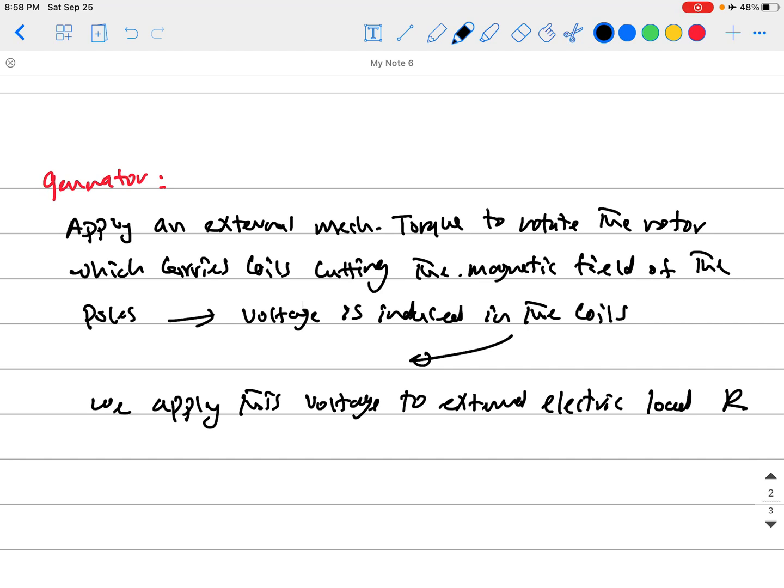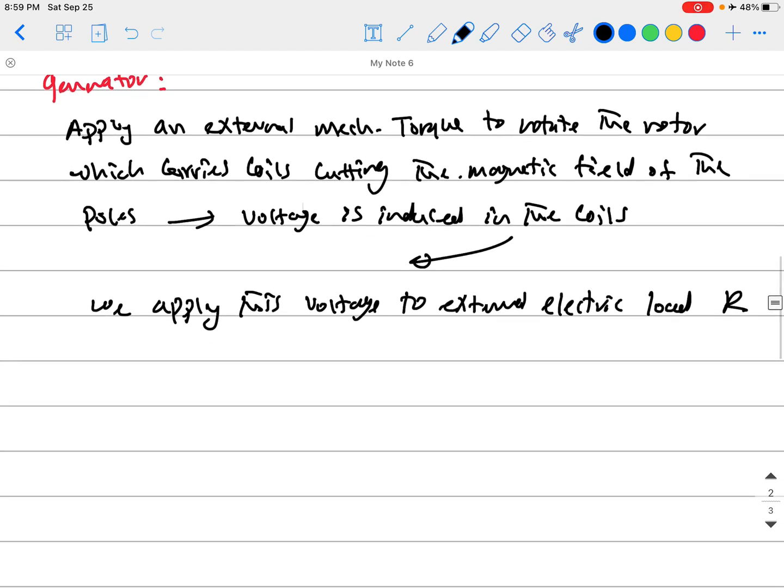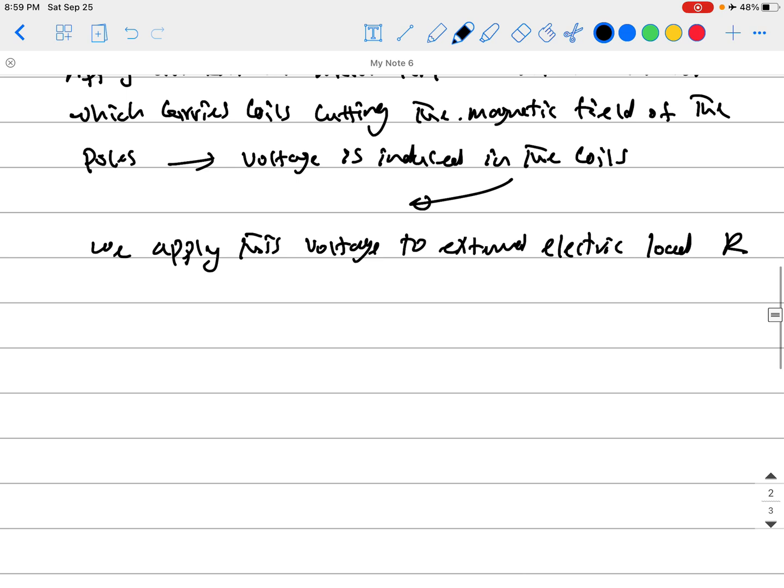So we don't just have a generator and leave it open circuited like that, generating voltage, and we're not getting any use of it. The generator is connected to electric loads, like you connect it to any home appliances you have, or any industrial application you need to feed electricity to. Okay, guys? What happens when we apply a voltage to a load? It's Ohm's law.